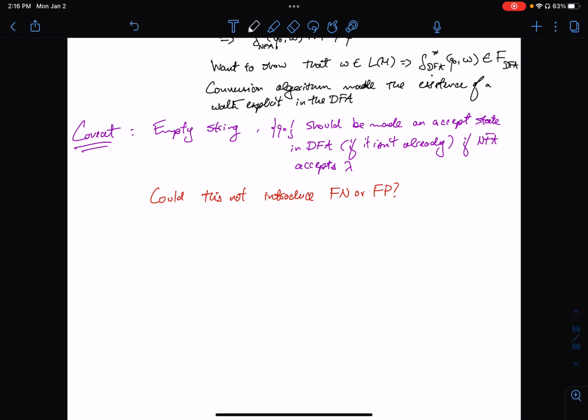You have to think about what it would mean in your NFA for it to accept the empty string, but for the initial state not to be an accept state.